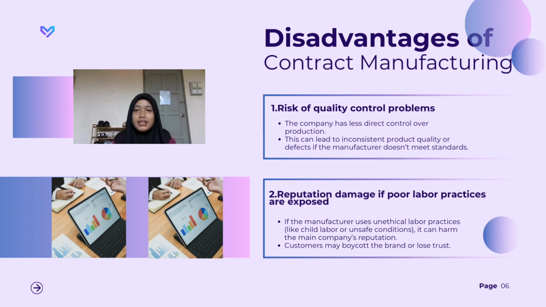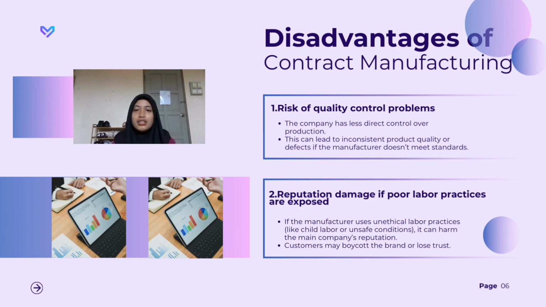Now I will explain the disadvantages of contract manufacturing. There is a risk of quality control problems. Since the company has less direct control over the production process, the product might not meet the required quality standard. This can lead to inconsistent quality or even defects if the manufacturer fails to follow the company's expectations.